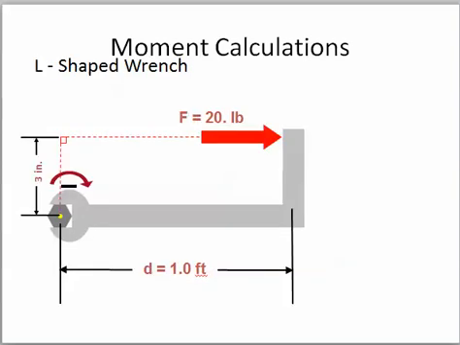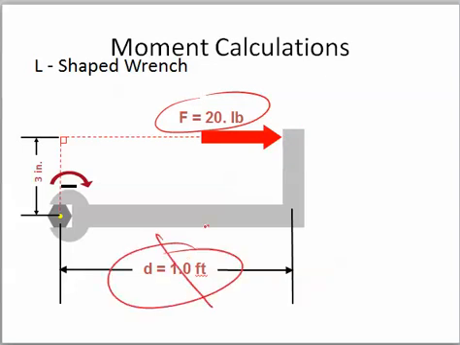Let's get into some more complicated ones. Now remember, the distance and the force have to be perpendicular. A lot of people would right away take the force of 20 and say, well, it's being applied 1 foot away, Mr. Kimmel. But that's not the case. The perpendicular distance is here.